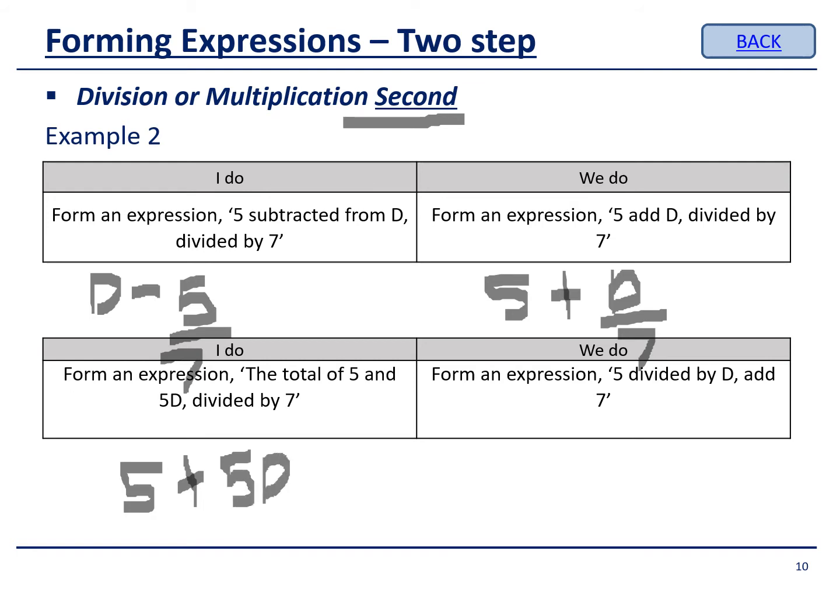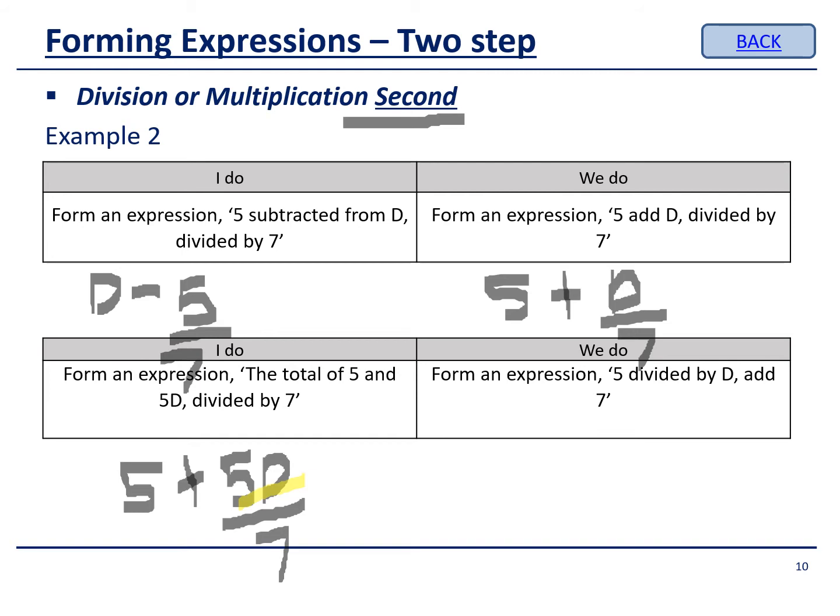okay, divided by 7. So remember what this means, the 5d. Okay, the 5 is the coefficient, meaning that d would be multiplied 5 times. And what's d? Well, d is the variable, the unknown. So any letter.